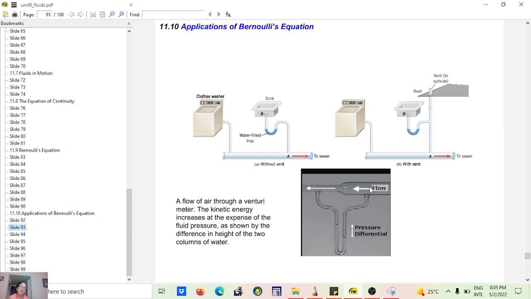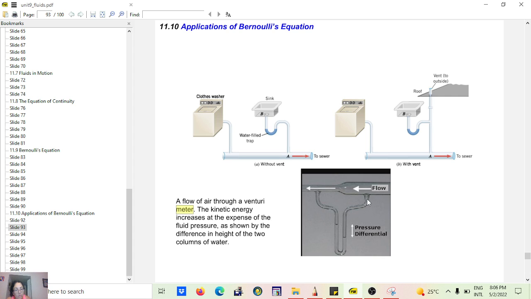So for example, here, that's what we can use to measure the flow of air. It's called the Venturi meter, for the speed of air. So what's happening here, you have high pressure, low speed, and then the gas or the fluid is going to go into that tube where you have high speed, low pressure.